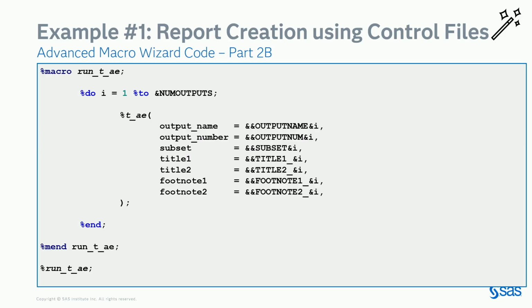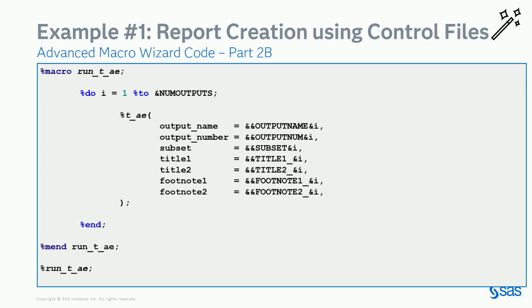For example, the parameter output name is ampersand output name ampersand I. So when I is 1 the first time through this do loop, then the macro call is going to have whatever is in the macro variable called output name 1, which came from the first row of the Excel spreadsheet, whatever that output name was. That's what gets passed in as a parameter value, and so on for the rest of the parameters.